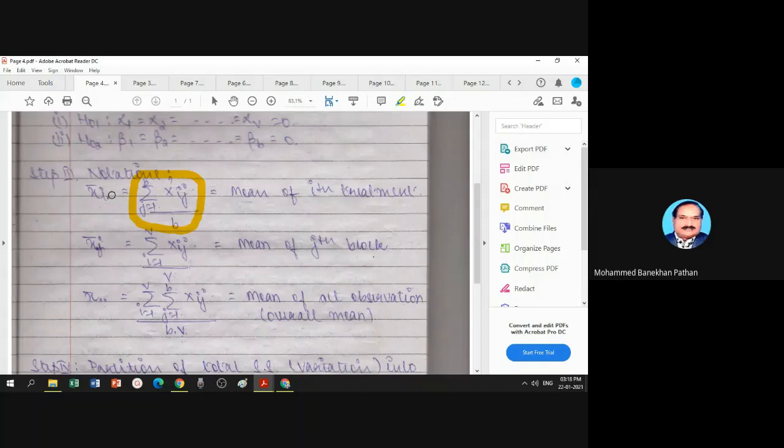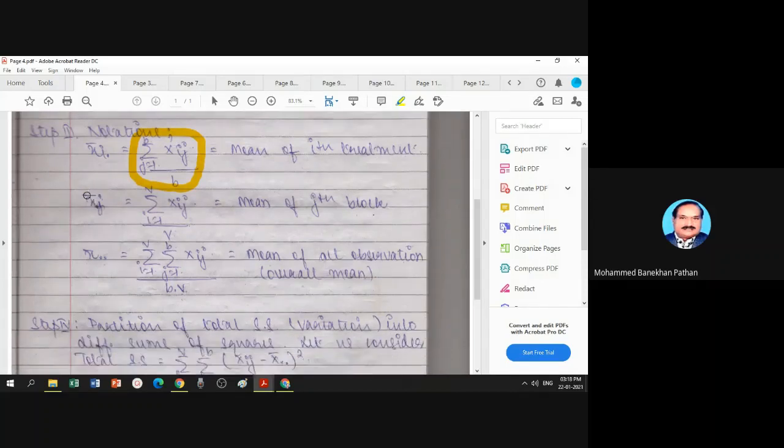So when you write the formula of this notation, you write a summation for dot. Dot is here j. So j running from 1 to b of your individual observation, and as it is the average, this is the total of b values, so divide by b. So this stands for mean of ith treatment.